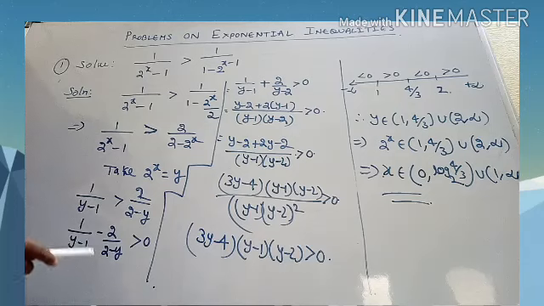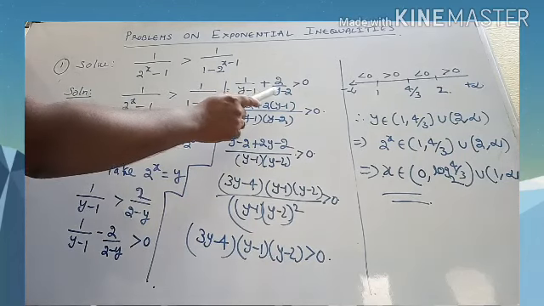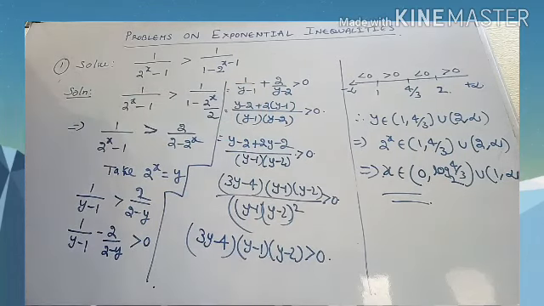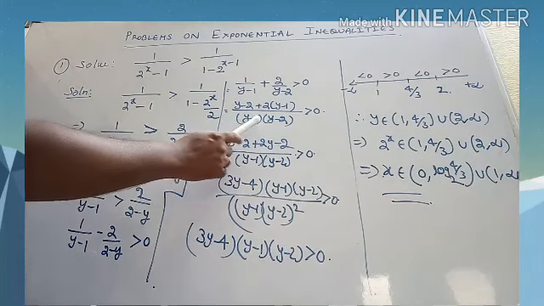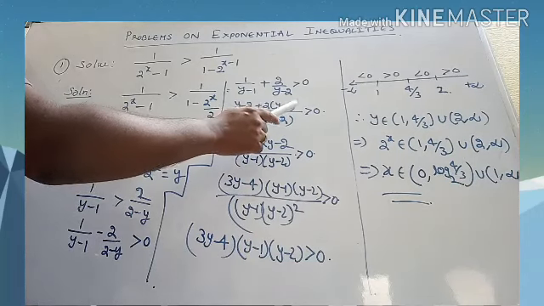We convert 2 minus y into y minus 2 by taking the minus sign common. Minus into minus becomes plus, and it becomes 1 by y minus 1 plus 2 by y minus 2 greater than 0. Now take the LCM, y minus 1 into y minus 2, and the numerator becomes y minus 2 plus 2 times y minus 1 greater than 0.